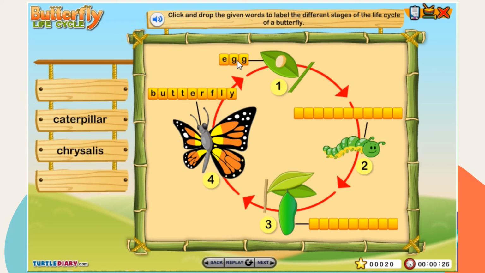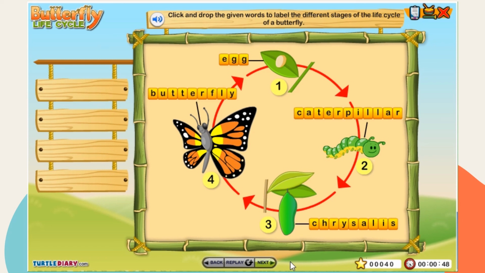Caterpillar, also called larva. Chrysalis, also called pupa. You have completed this game.